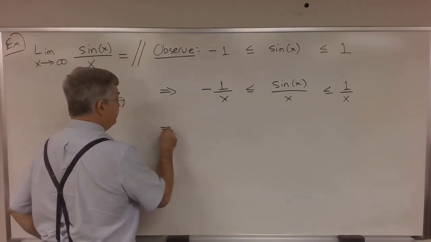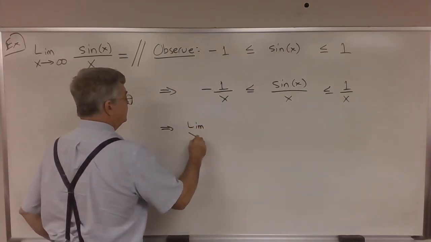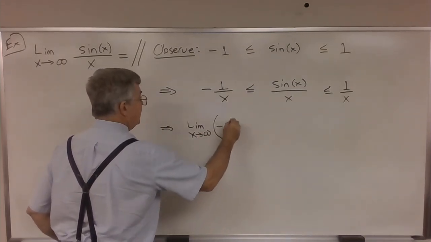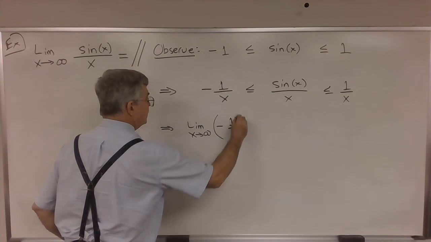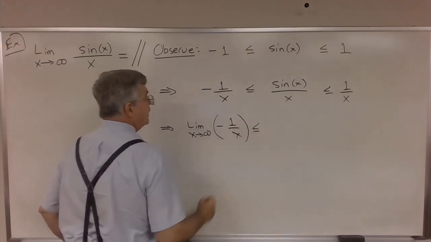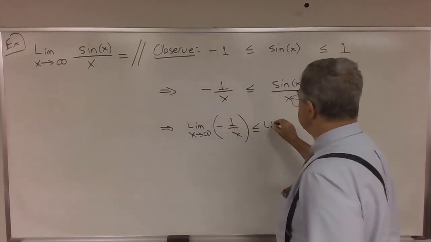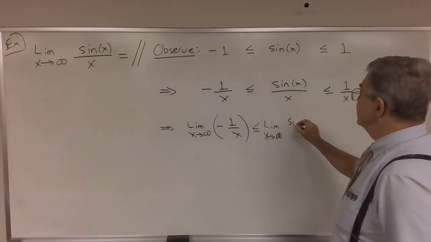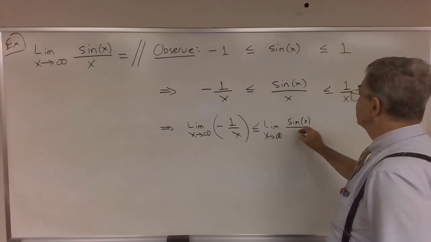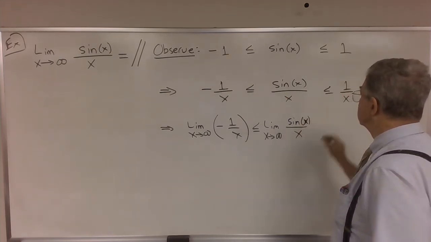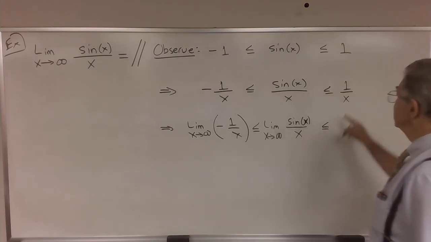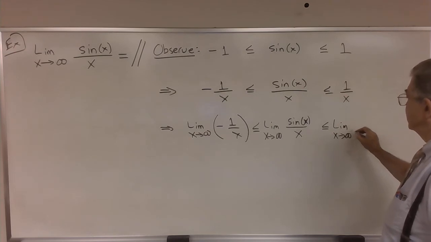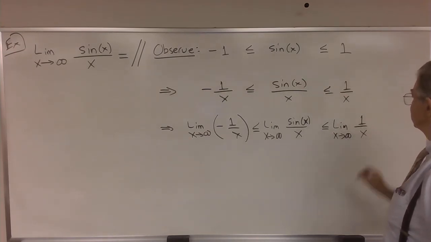So we have the limit as x approaches infinity of -1 over x, and we have the limit as x approaches infinity of sine of x over x, and we have the limit as x goes to infinity of 1 over x.